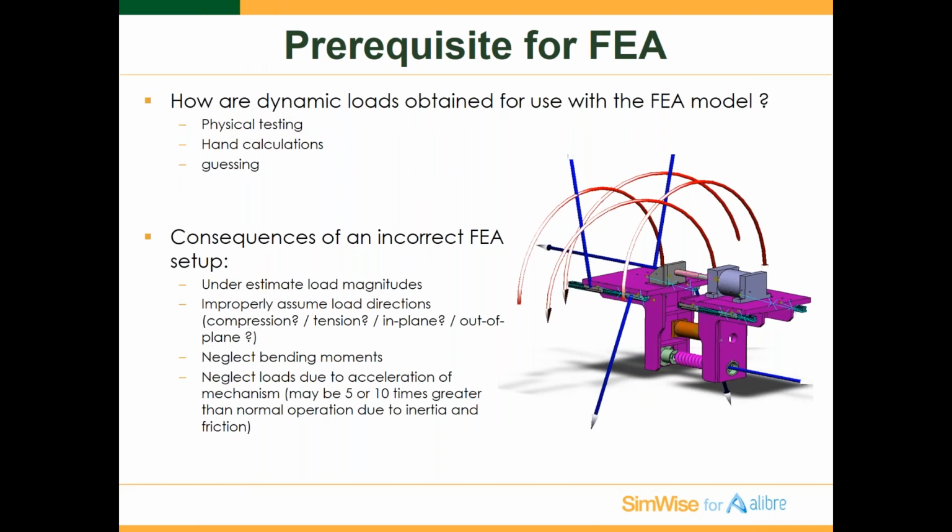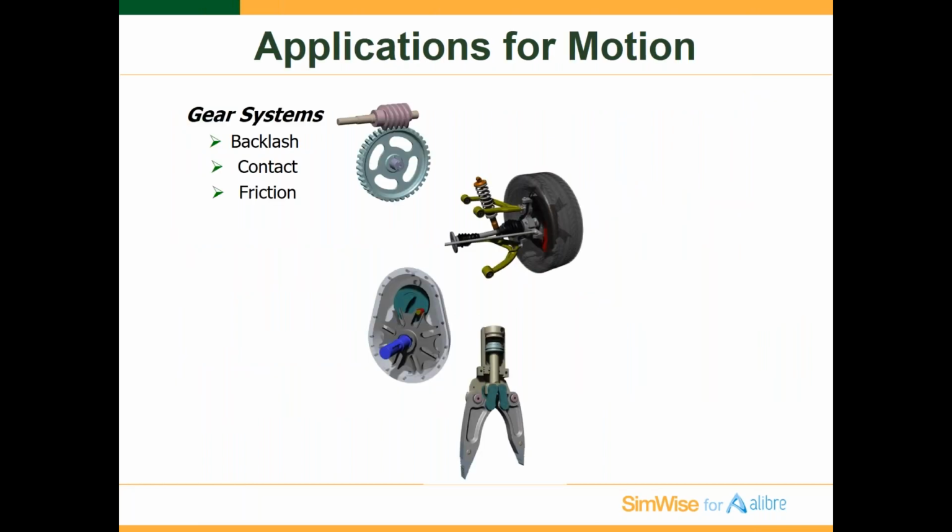As we mentioned, it's hard to calculate the dynamic loads for use for an FEA model. If you don't do motion simulation or build a prototype and instrument it, you really do end up with an approximation of the actual loads, and with an approximation, therefore, your finite element results may also be incorrect.